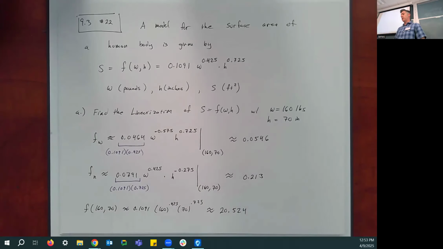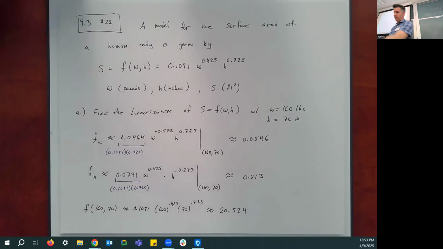This is telling us that if someone weighed 160 pounds and was 70 inches tall, which is 5'10", we would estimate them to have about 20 square feet of surface area. Interesting.